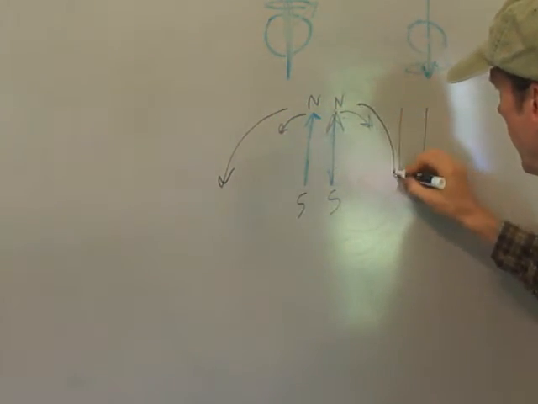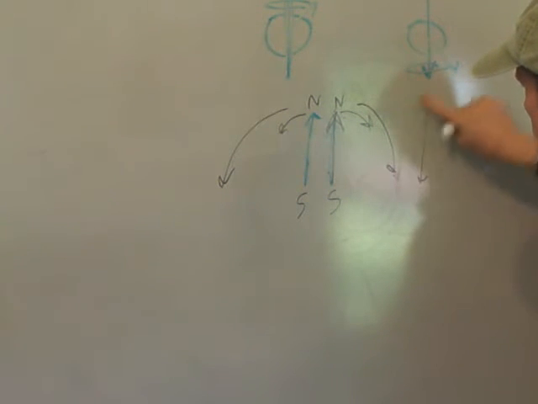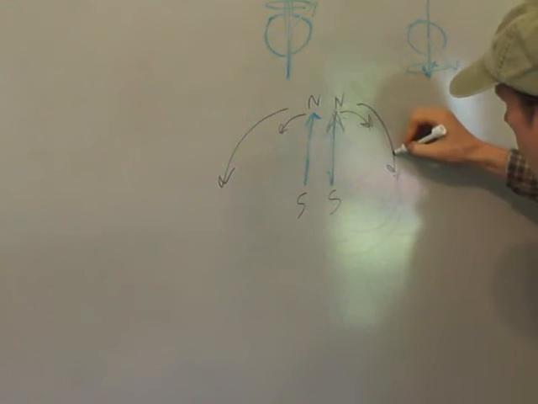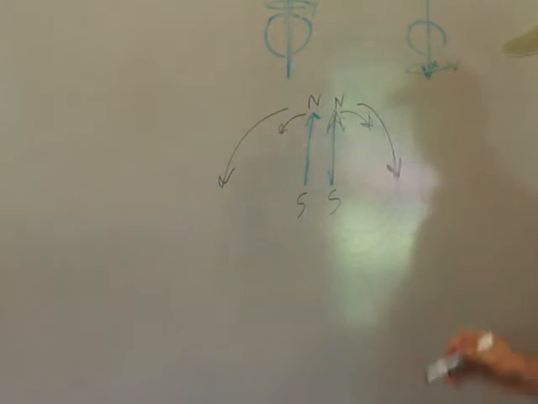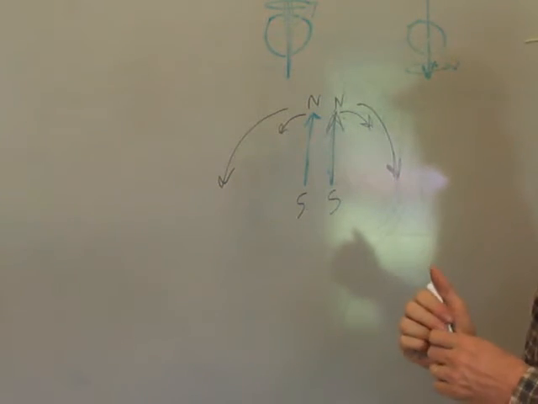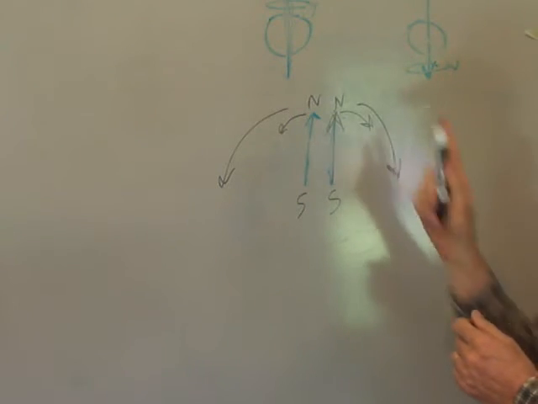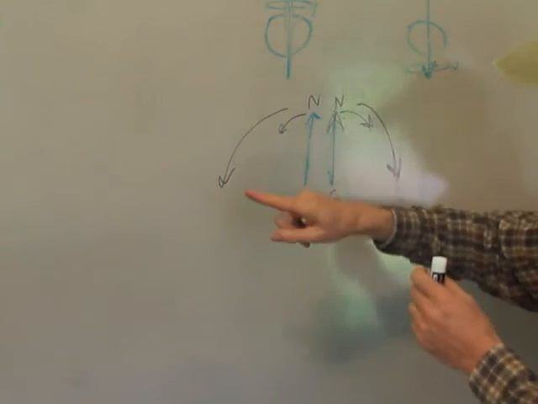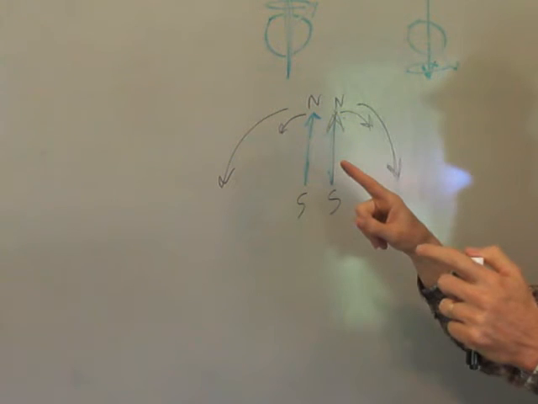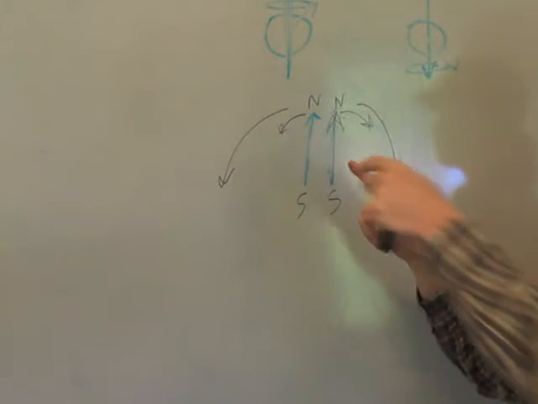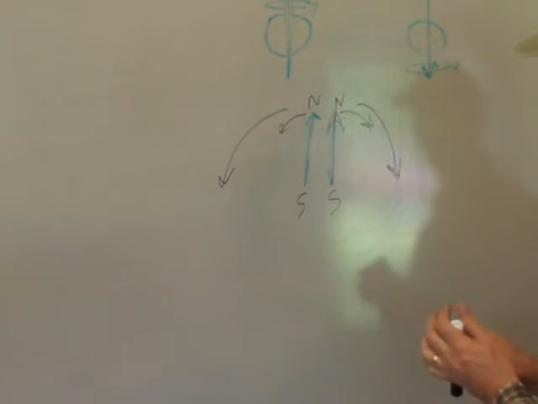This one's rotating this way. So everything outside of here, if you remember, if you have a magnetic field pointing one way and it's moving another way, then it applies an EMF on charges in the third direction.